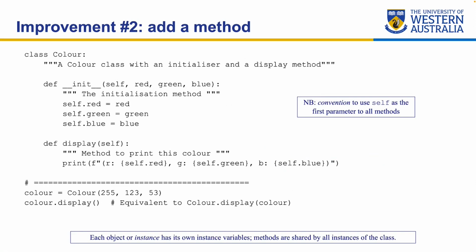Now we can make this even better because we had a display function separated from an object, but technically that display function can only work with the Color class. So it makes sense that it belongs as part of the Color class rather than being a separate function.